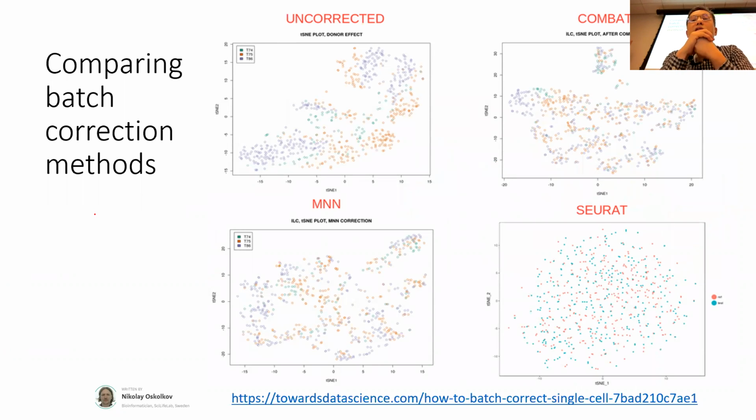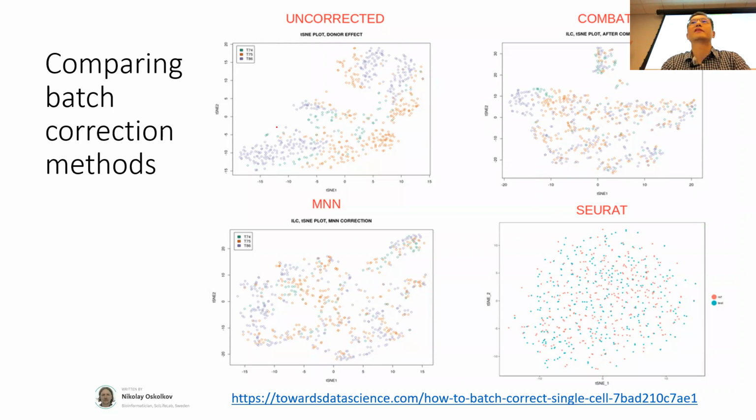There are some studies comparing the performance of different batch correction methods. Because we don't have a ground truth, a golden standard, to say this method is better than that, we rely on visualization, and it looks like there's no clear cut best solution.